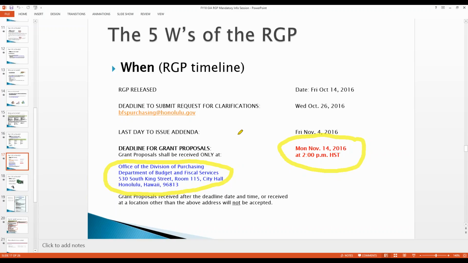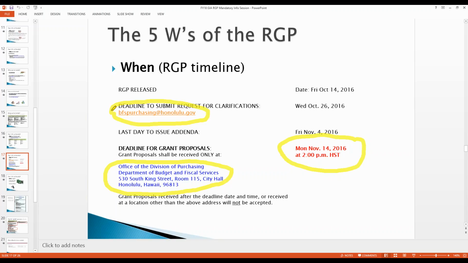Right now we're in the midst of the information sessions, and we give you opportunities to ask questions or request any clarifications. To do that, you can submit all your questions to the BFS purchasing email right here. They will compile your questions and send them back to us.